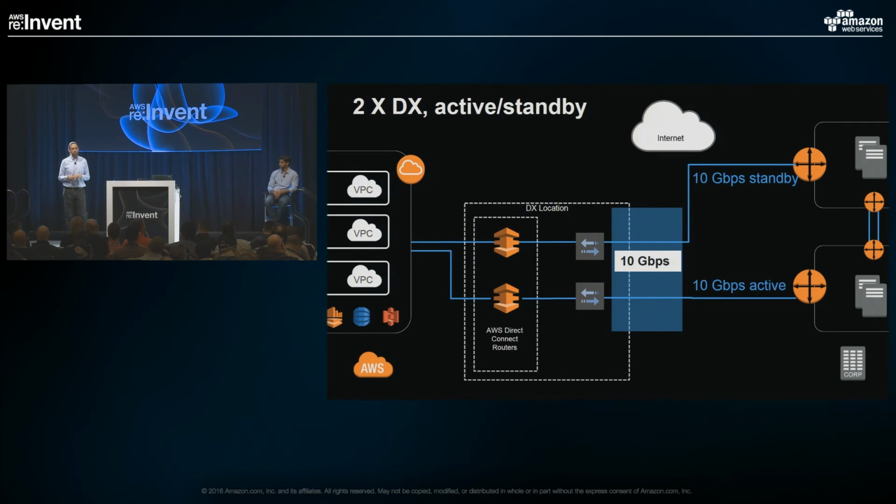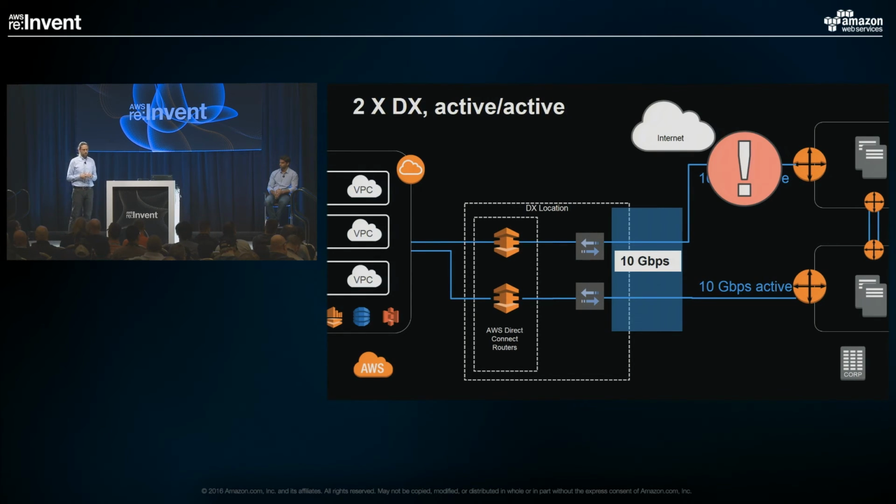There are cases where customers choose not to do so, and they want to configure this in an active standby scenario. And we typically see that when customers have some form of stateful firewall running on their routers and they wish to maintain state. If that's the case, you can actually influence which of the connections is being used in both directions. You do that with BGP settings and routing decisions, so you can actually prefer one connection over the other. Now, we will be covering the implementations of configurations like that at a separate session, and I'll be calling that out at the end.